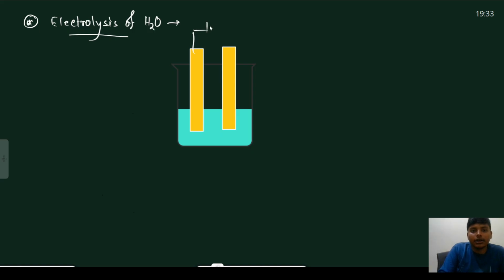For electrolysis of water, we actually need a 6 volt potential difference. Let's suppose this side is anode and this side is cathode.